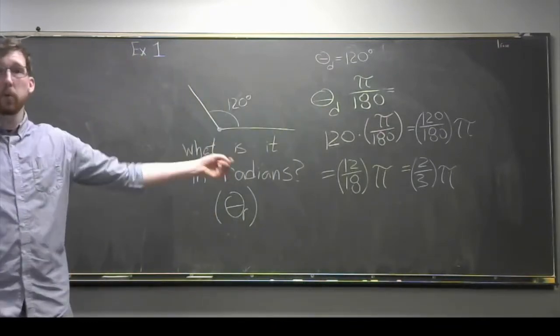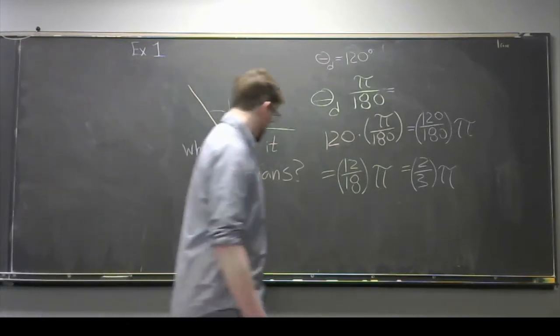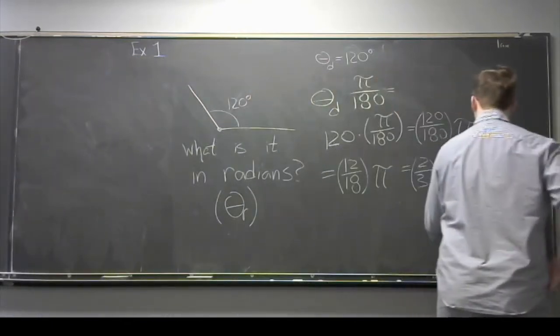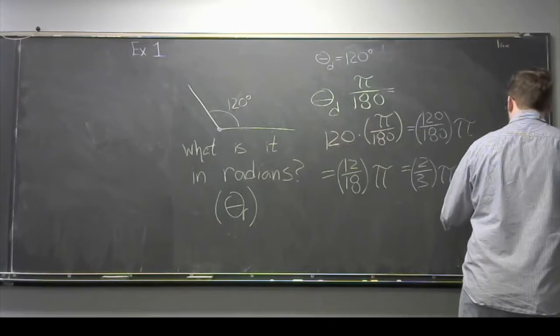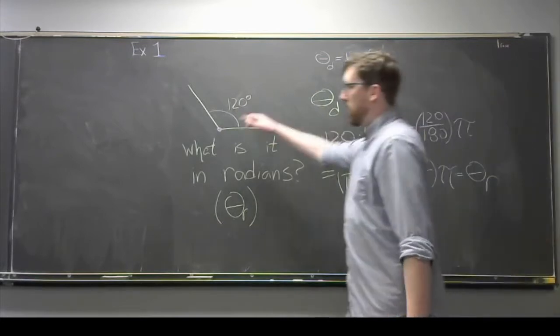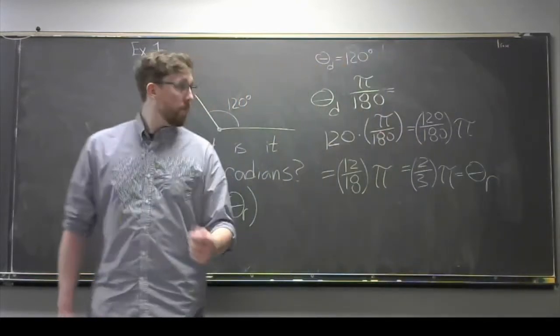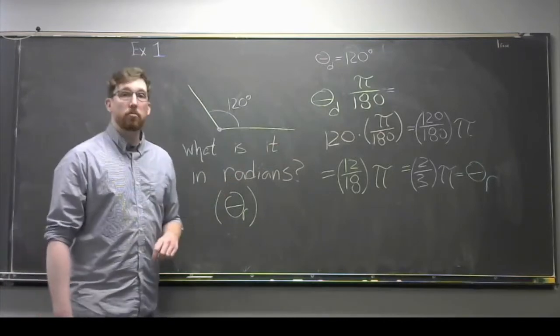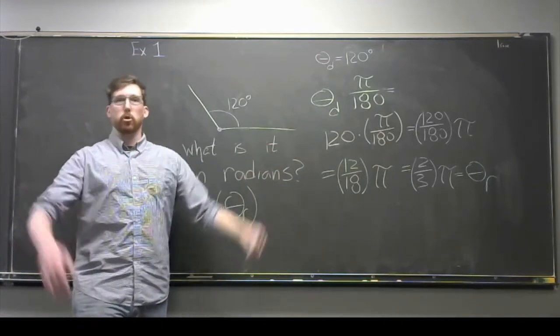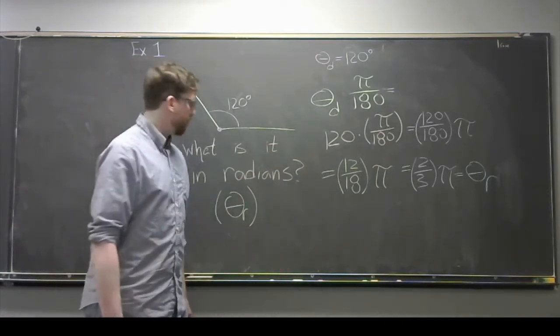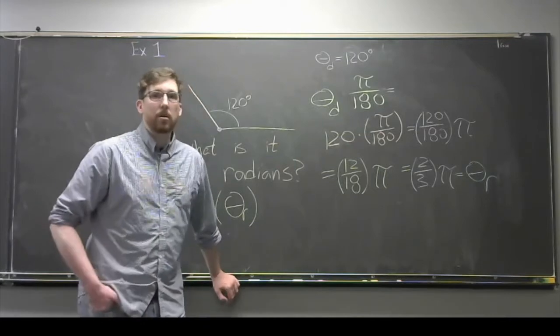And that's it. We're done. Game over. 120 degrees in radians is 2 over 3 pi radians. Cool. All right. Pretty quick.